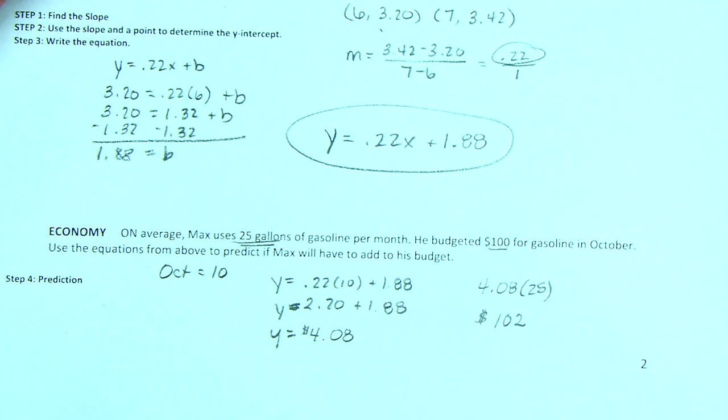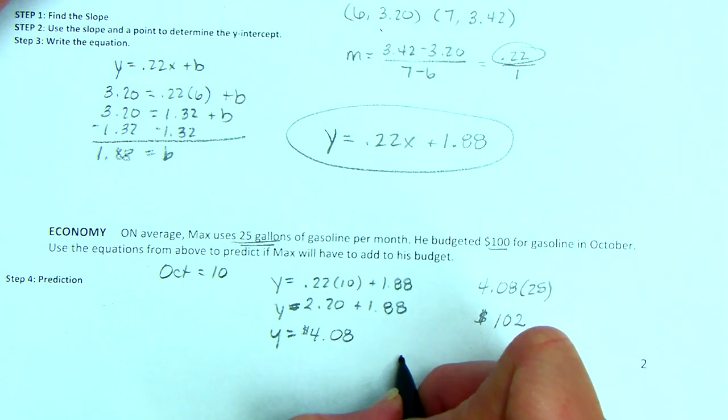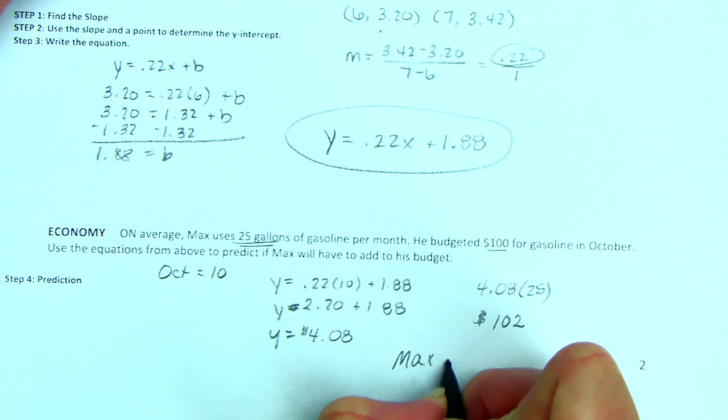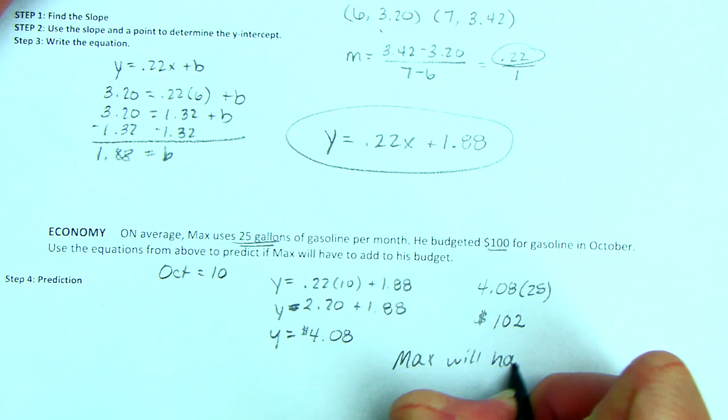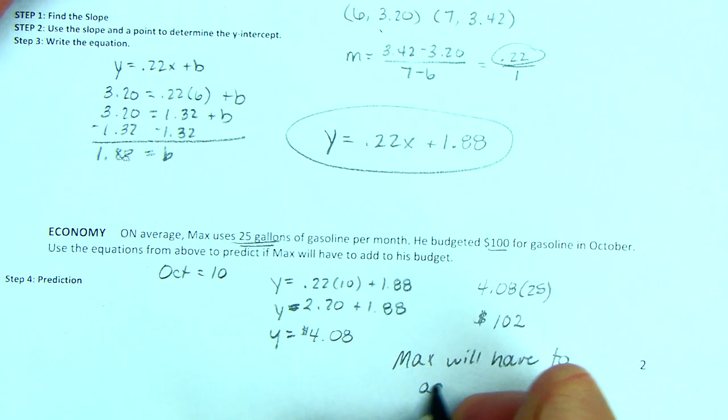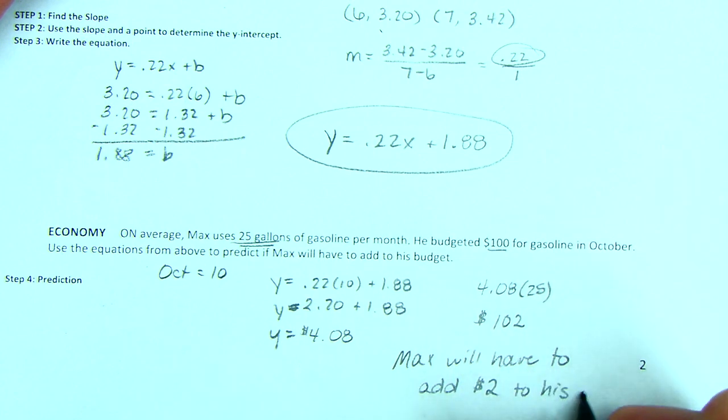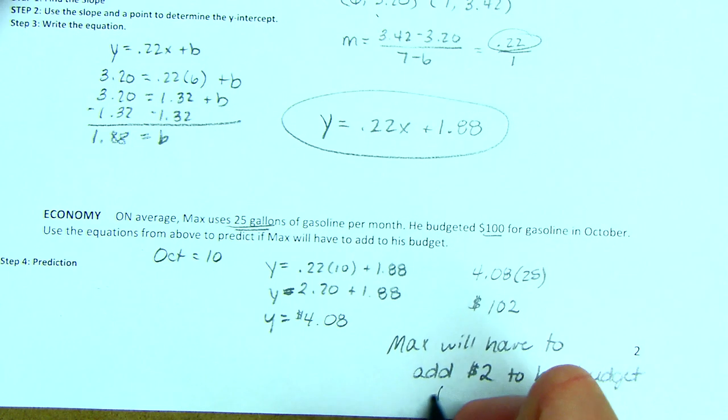He budgeted $100. So what will he have to add? He will have to add $2 to his budget for October, because he only had $100.